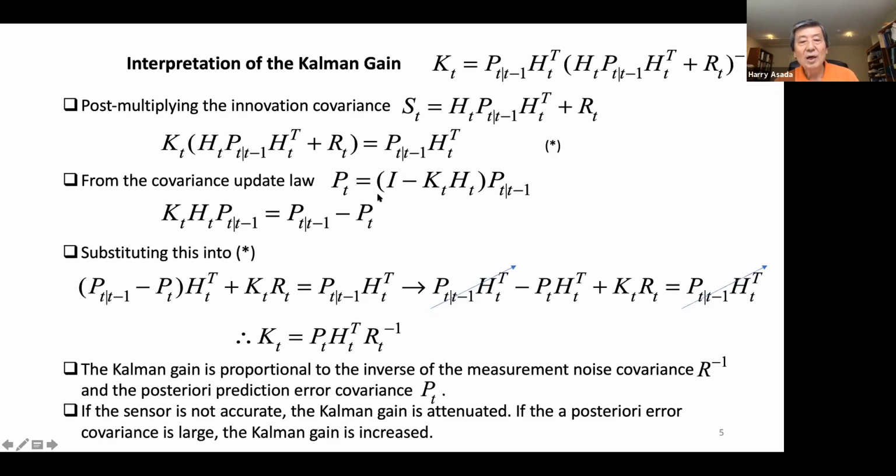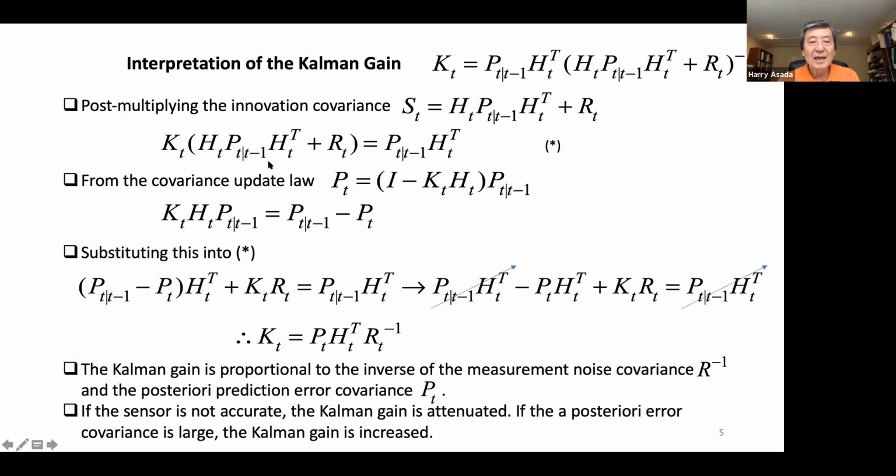So let's use this equation. P_{t|t-1} is now first distributed to two terms, and this product is to be moved to the left-hand side. You get this equation, and we push the P_t to the other side. So this matrix product equals P_{t|t-1} minus P_t.